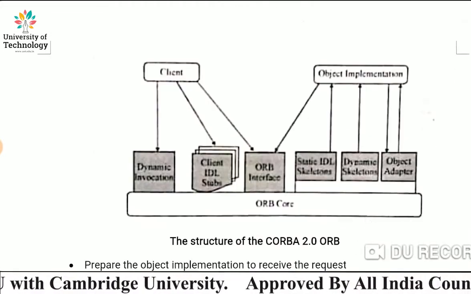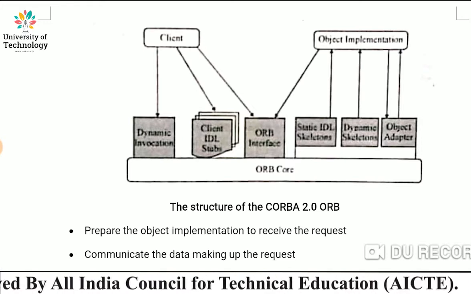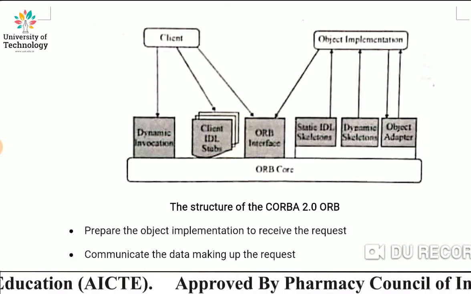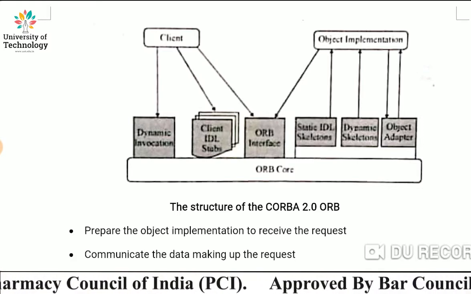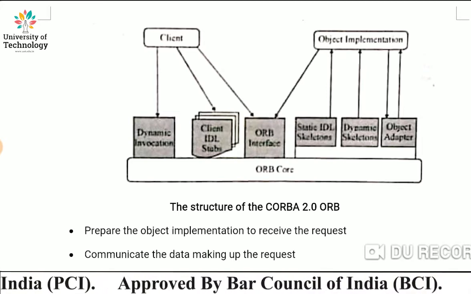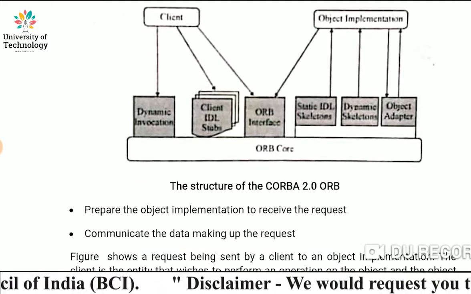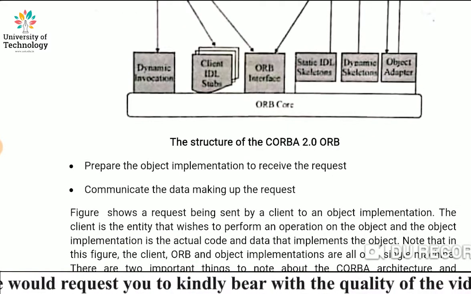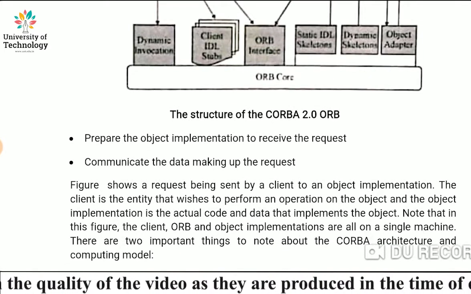So now you can pay attention here. The structure of CORBA: client, object implementation, dynamic invocation, client IDL, ORB interface, static IDL skeletons, dynamic skeletons, object adapter, and ORB core. Prepare the object implementation to receive the request, communicate the data making up the request.